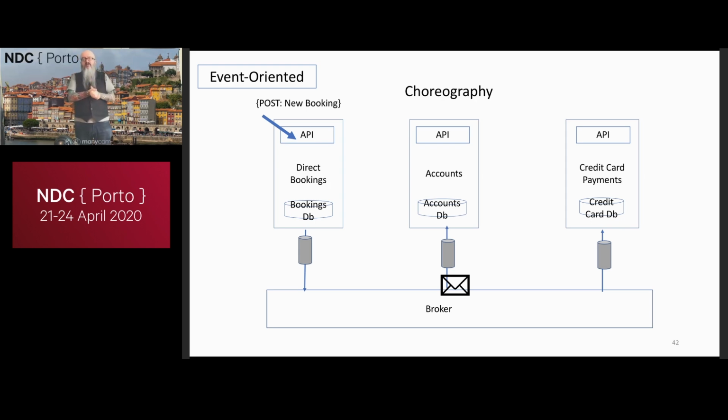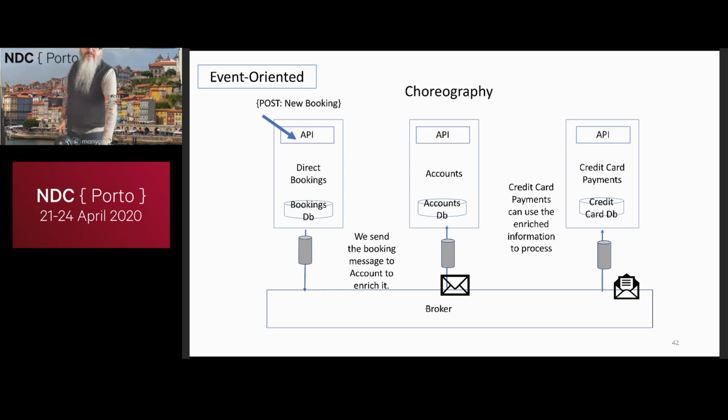It has the credit card details, and it may raise a message saying, for example, new booking with credit card details. That's what credit card payments then listens to, which means it now has the booking details with the credit card information it needs to take the payment from the customer. And that pipeline approach of enriching the data such that the person that needs to action it has what they need is quite a common way of solving problems.